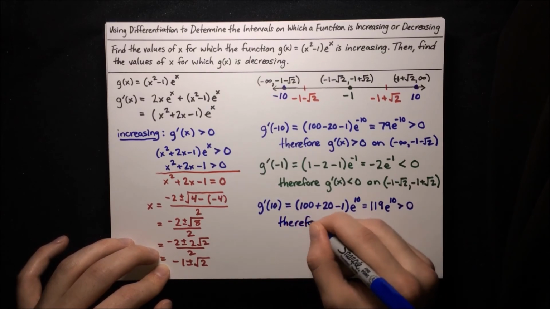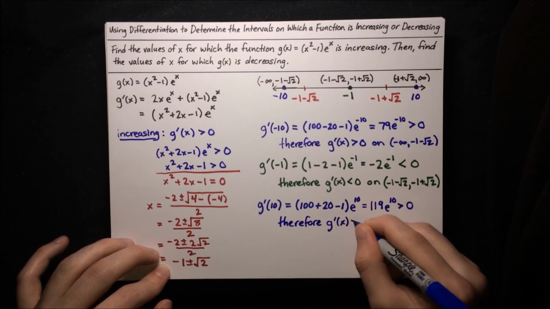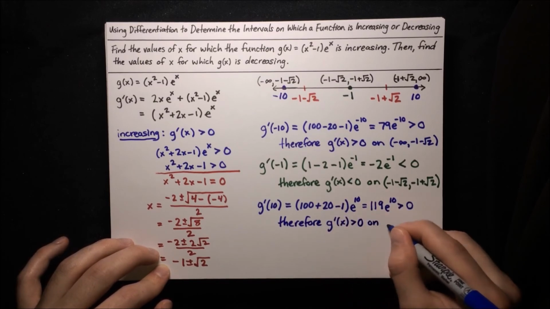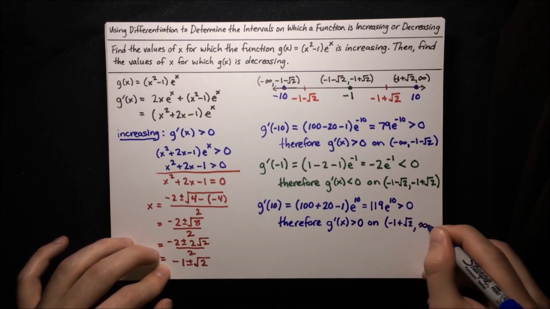Therefore, the derivative g prime of x is greater than 0 on that entire interval, negative 1 plus root 2 to infinity.